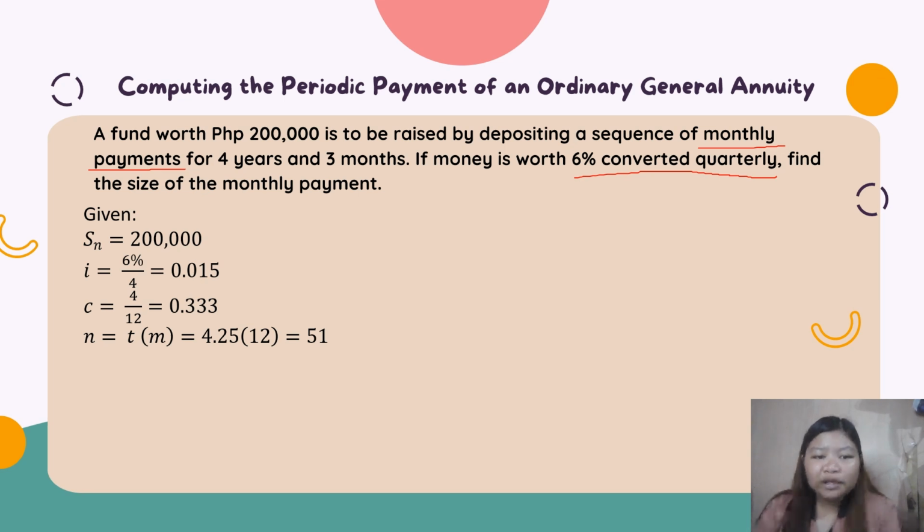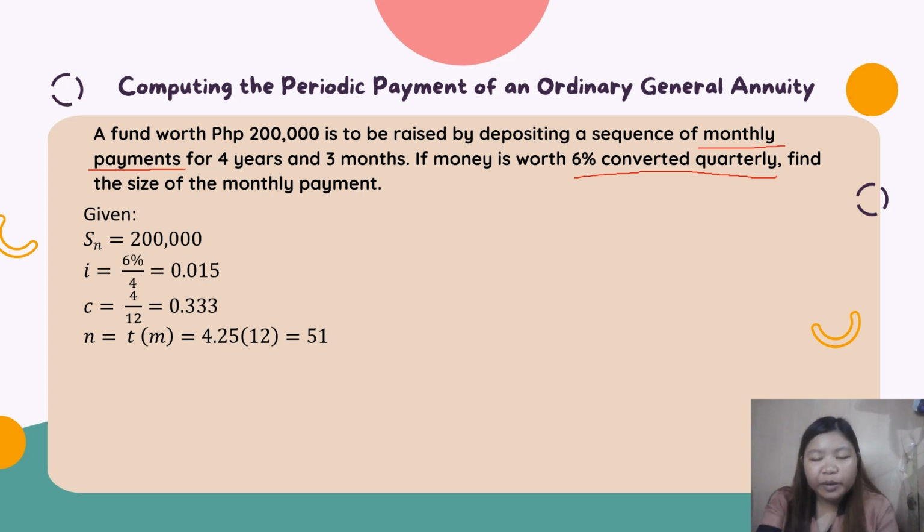Then for our n, we have 4.25 times 12, because 4 years and 3 months is equal to 4.25 years, times 12 because it is a monthly payment. He will pay by month. Then multiply it, so we have 51.